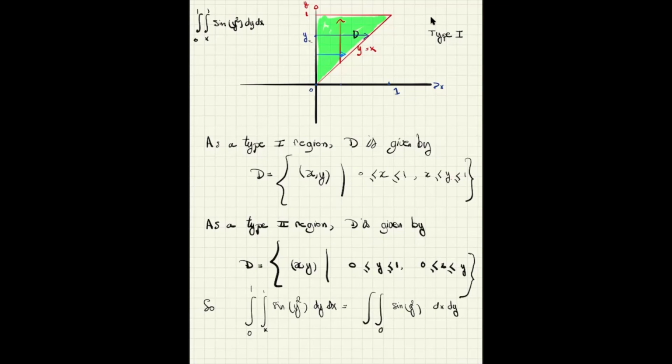Now x is between 0 and y, and y is between 0 and 1.